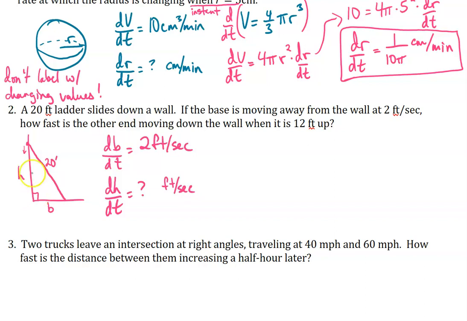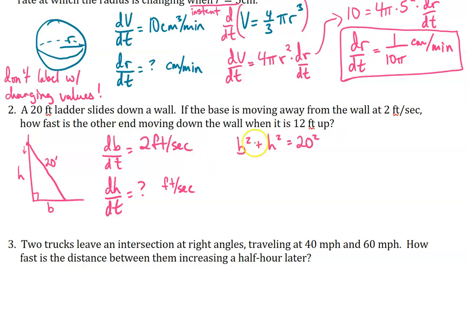All right, so step 3 now, what equation relates these variables? In this case, it's the Pythagorean theorem. So I'm going to write that as b squared plus h squared is equal to 20 squared. You can put 400, it doesn't matter.